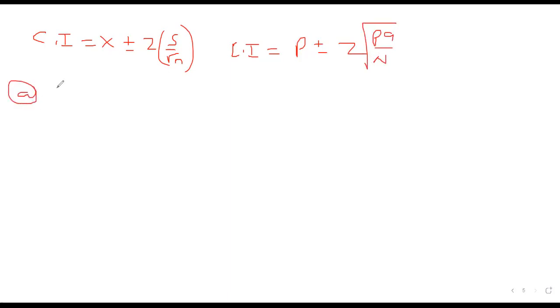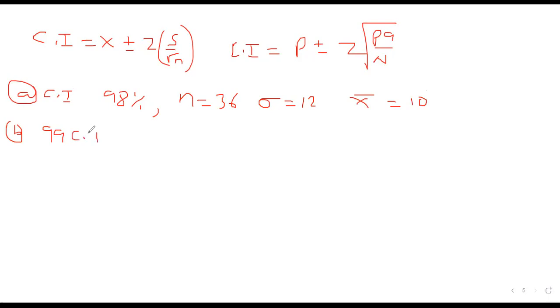So if we're given, for instance, to find the confidence interval at 98%, where sample size is 36, standard deviation is 12, and the mean is 10. Part B, find a 99% confidence interval where our capital N is 50, our small n is 30.